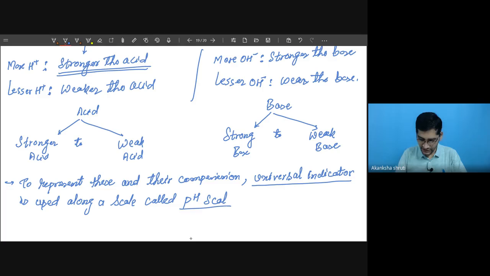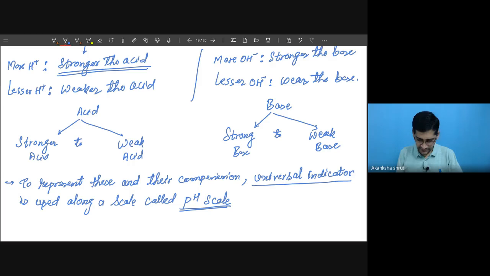So this pH scale is going to vary from 0 to 14, and in that, one range is for acid, another is for the base. Now again, in that, acid can be further represented as strong or weaker by varying their pH values. So those things we are going to learn today.